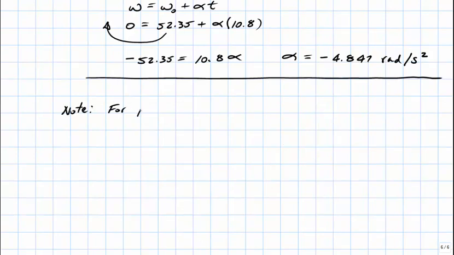Again, let's note that for part D, the time equals 4 seconds. We also know the initial angular velocity in phase B, and that value is 52.35 radians per second.